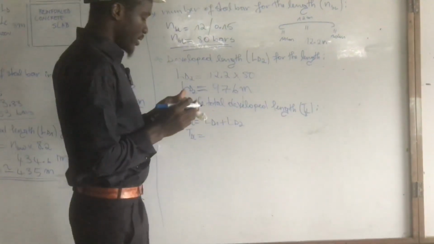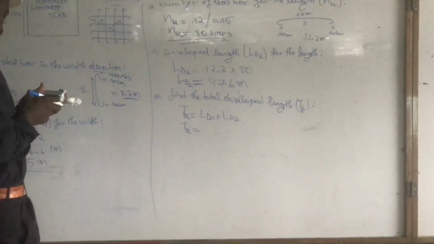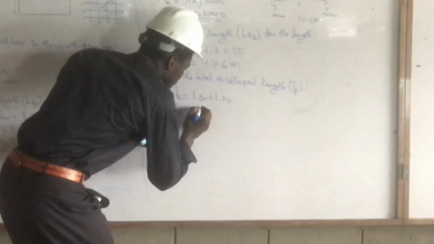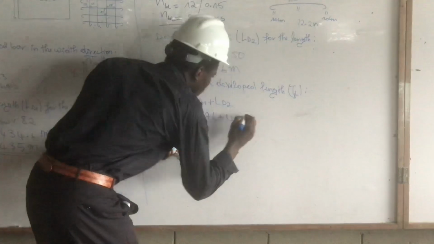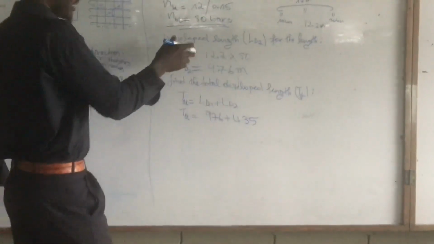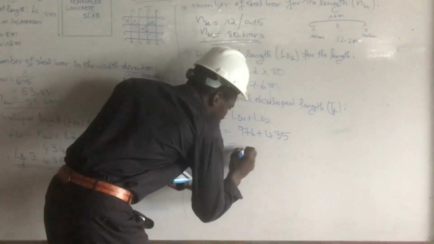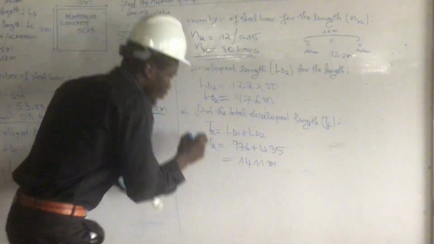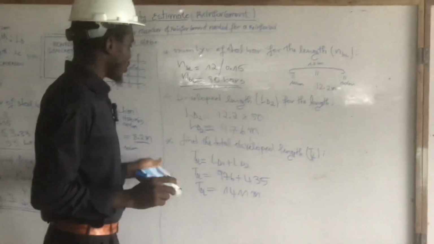The total developed length will be equal to 976 plus 435. That's the developed length LD1 for the width and the developed length LD2 for the length, which is going to give us 1411 meters. So that's the total developed length.